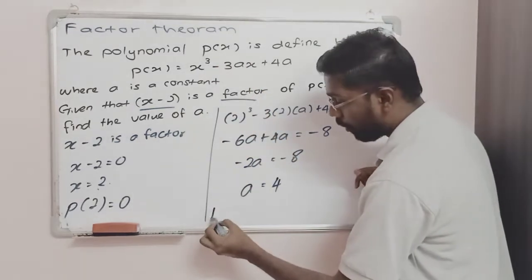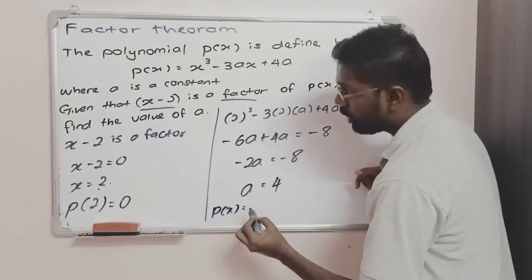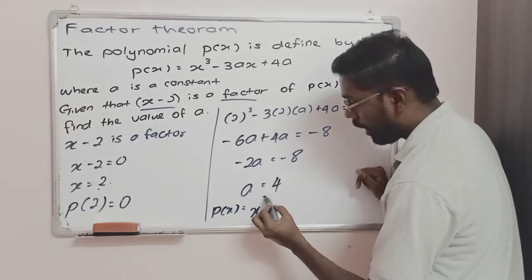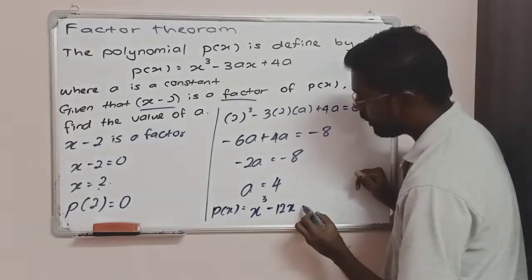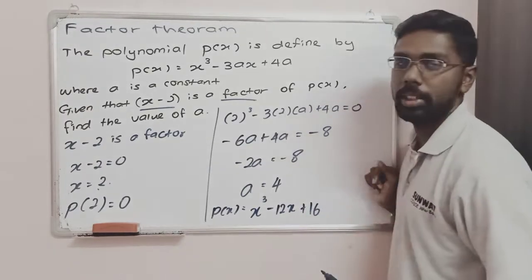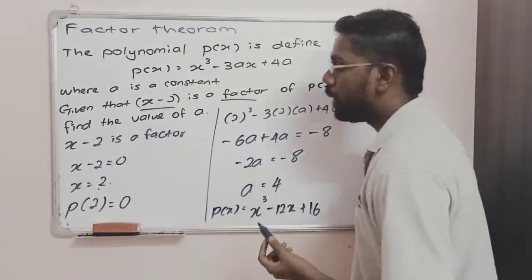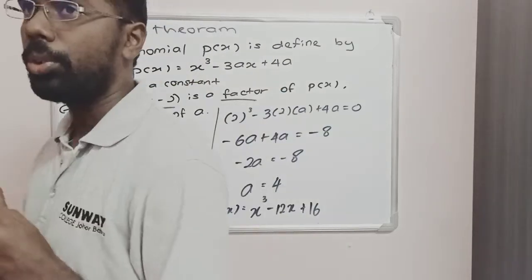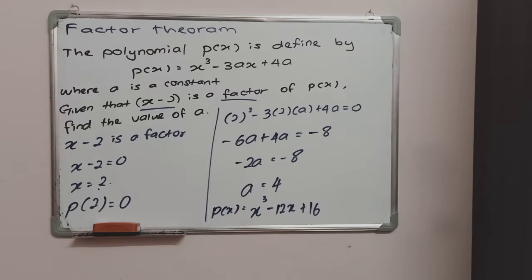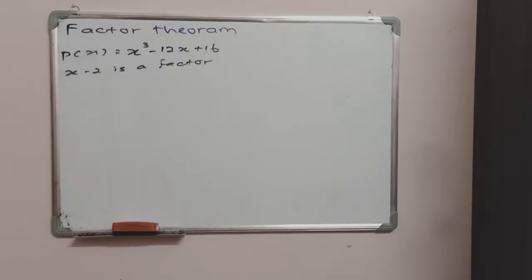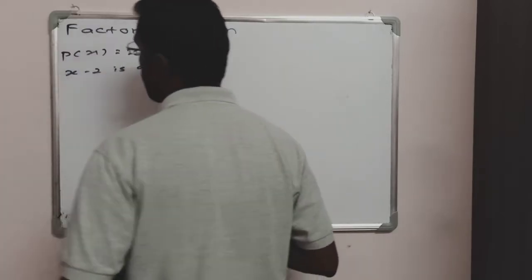Therefore the polynomial P(x) is going to be x cubed minus 12x plus 16. So this is one example where we used the root of the factor theorem. Let's continue.